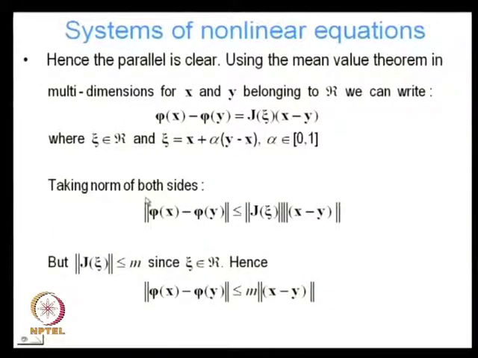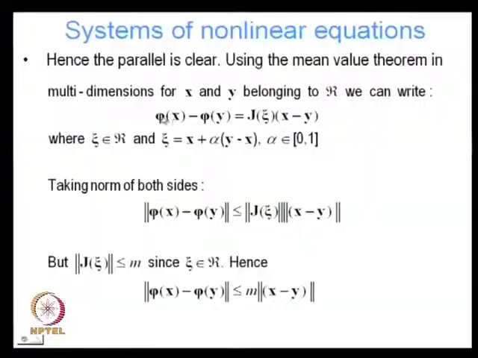Using the mean value theorem in multiple dimensions, for x and y belonging to R. We looked at the mean value theorem in 1D earlier on, and now we are looking at it in n dimensions. For any x and y which belong to my little neighborhood R centered around alpha with radius rho, I can write phi of x minus phi of y is equal to J of xi times x minus y.